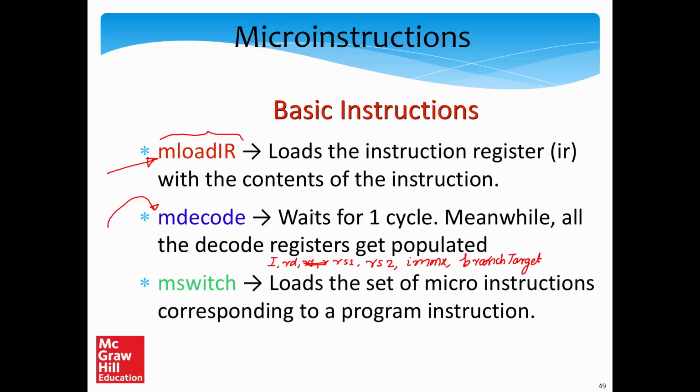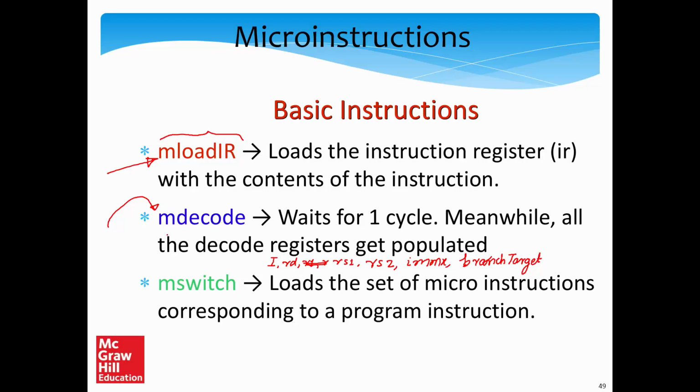At the M decode instruction, we wait for one cycle, and in that cycle, we expect that the circuitry that takes the contents of the instruction from IR will have populated each of these registers.